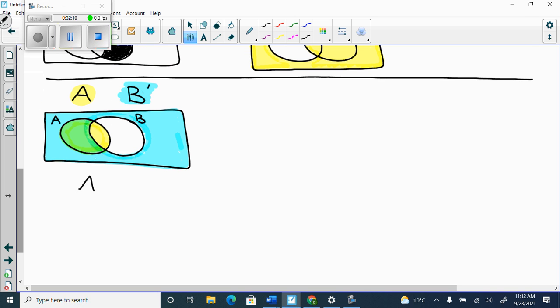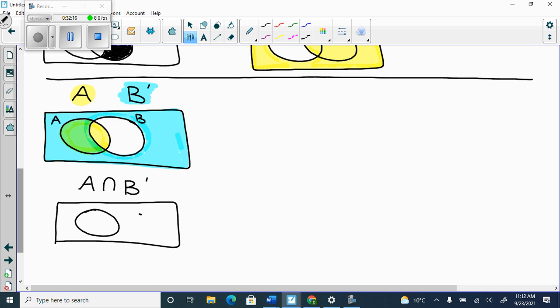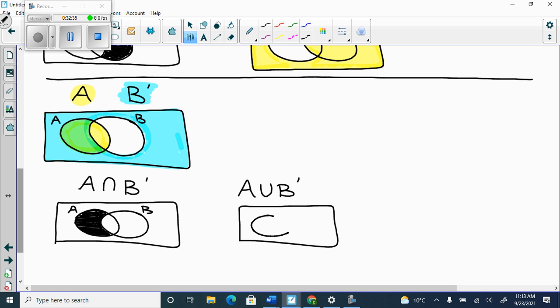So if I do the and, A and not B, I only shade where they both exist, right? Which is the green for my colors. So it's here. So if I were asked for the elements in A and not B, I would list here. We agree? Then A or not B, I list anywhere.